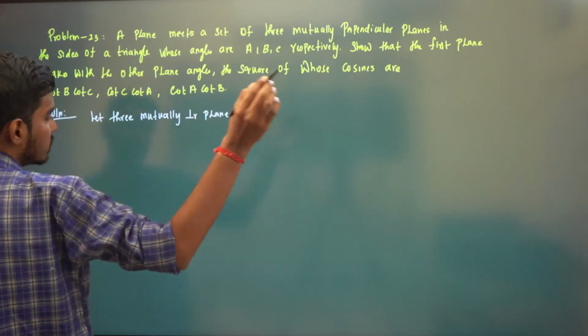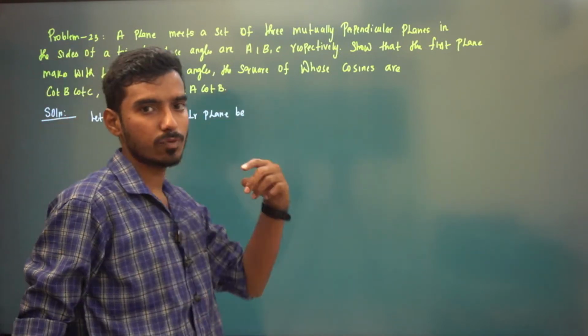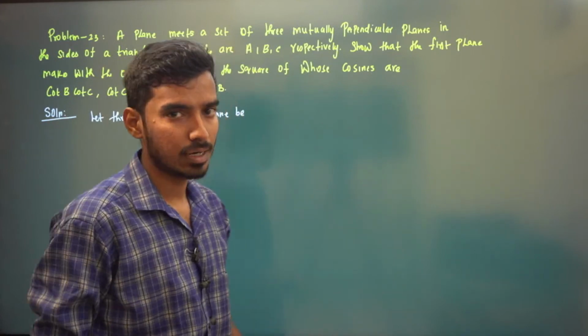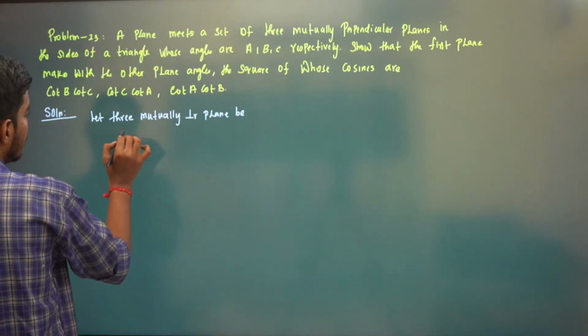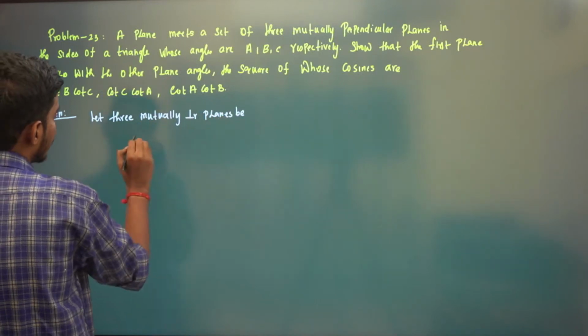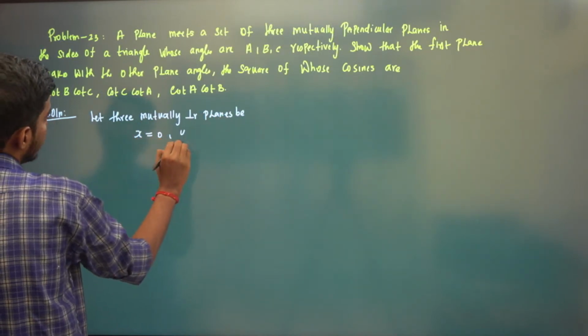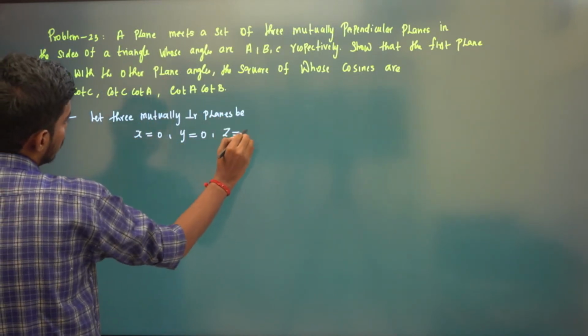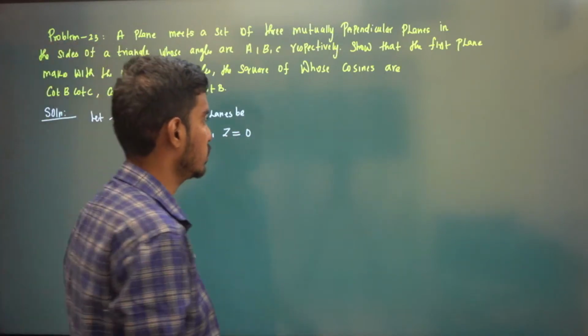Let us assume the axes to give the mutually perpendicular planes, because we know the x, y, z axes are always mutually perpendicular. So let us assume the three mutually perpendicular planes x equal to 0, y equal to 0, z equal to 0.